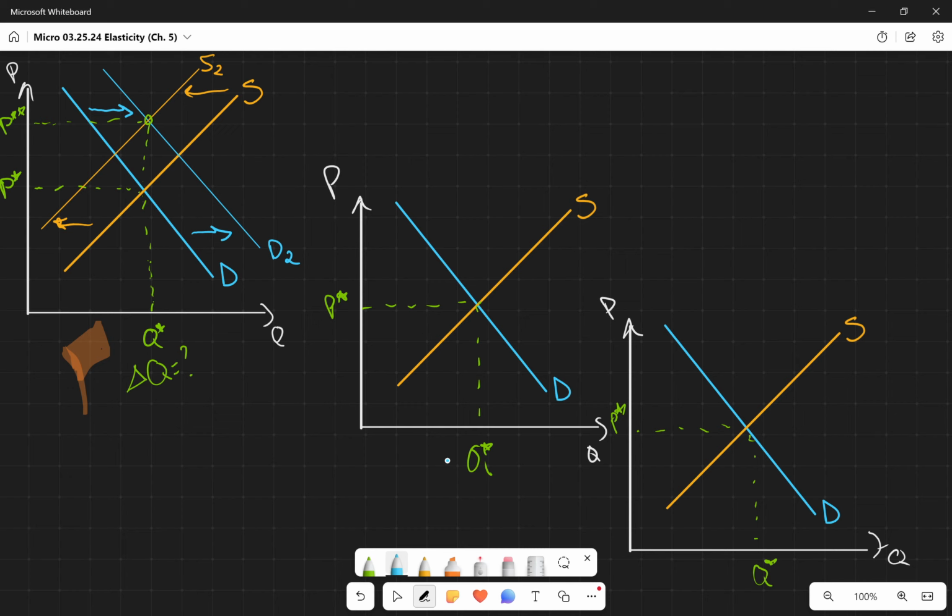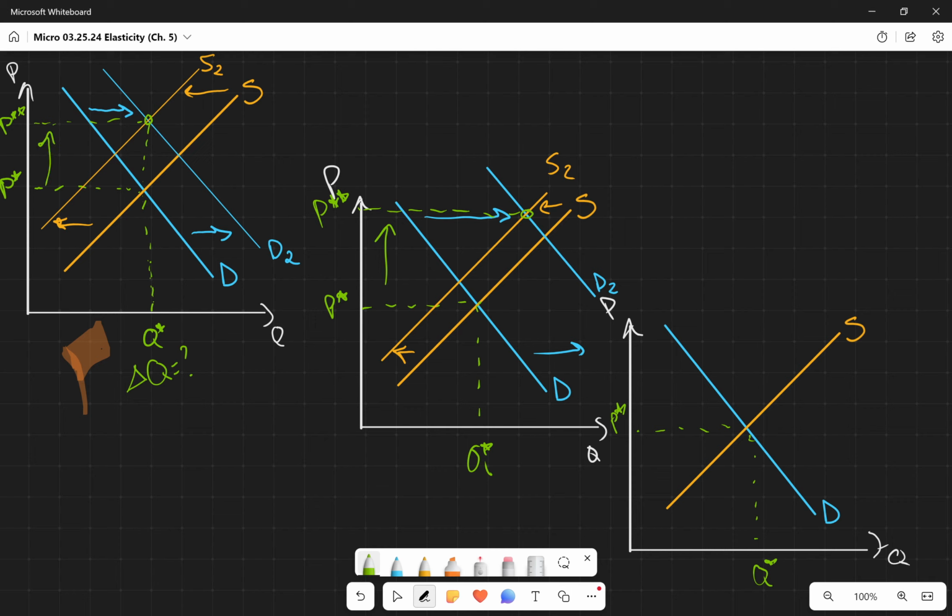Let's go ahead and go to these. So if we have a huge demand shift, and then we have a small supply shift, now when we label this new equilibrium, where the S2 meets the D2, now we see P double star is an increase just like we had before.